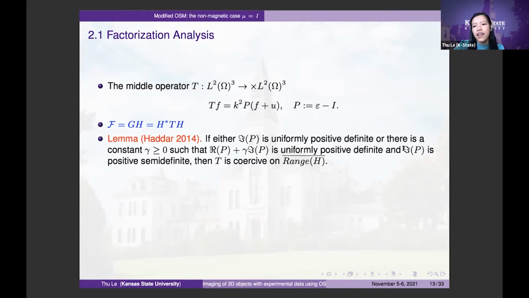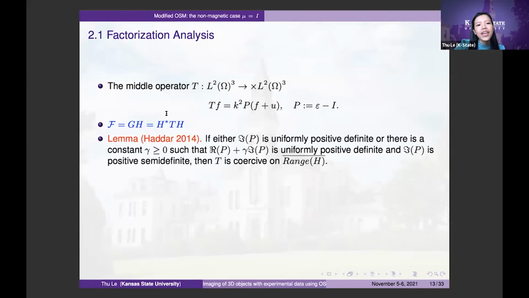And if the imaginary part of P is positive semi-definite, with P defined like that, then we can show that the middle operator is coercive. So given a bunch of conditions for the parameter epsilon, we can show the coercivity of the middle operator.